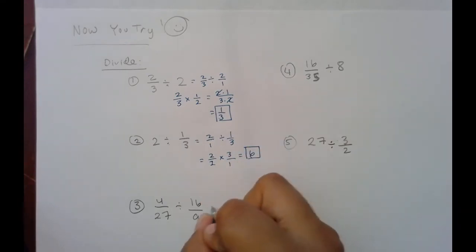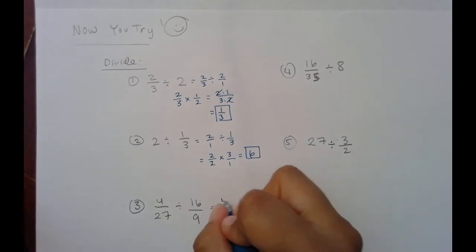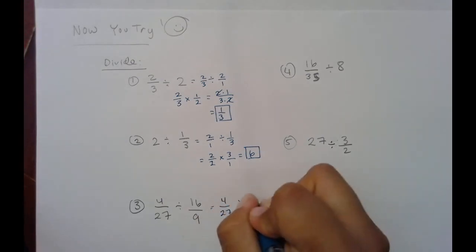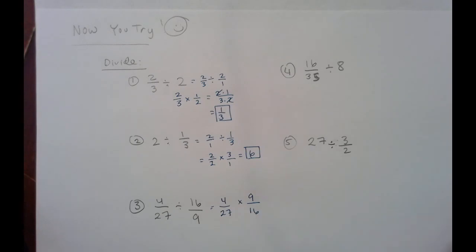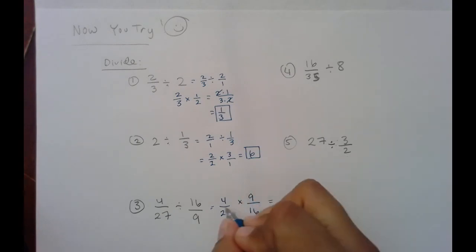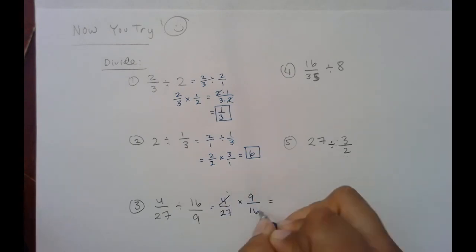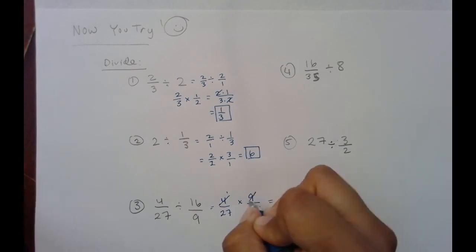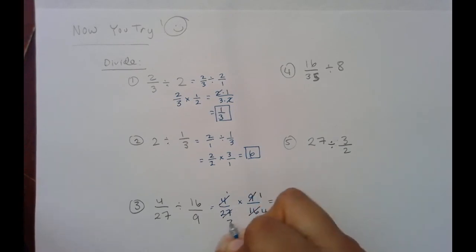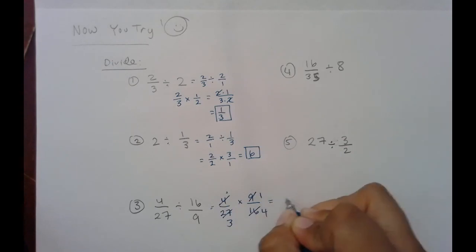Okay, so then this next one, you would get 4 over 27 times 9 over 16. Okay, and then we observe the following. 4 goes into itself here once, here 4 times. 9 goes into itself once, here 3 times. 1 times 1 is 1, and 3 times 4 is 12.